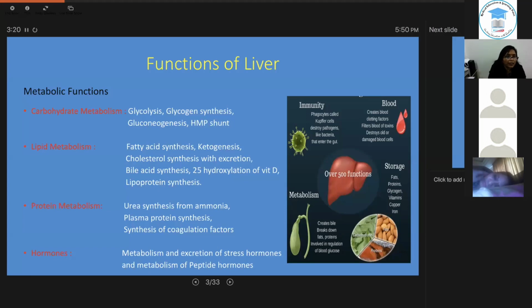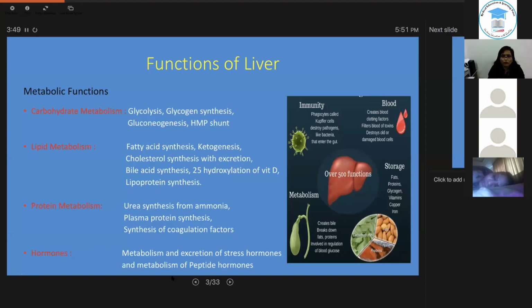In carbohydrate metabolism, you can see glycolysis, glycogen synthesis, gluconeogenesis, HMP shunt. In lipid metabolism, fatty acid synthesis, cholesterol synthesis, bile acid synthesis, lipoprotein. In proteins, we have urea synthesis from ammonia, plasma protein synthesis, and coagulation factors are synthesized by the liver.